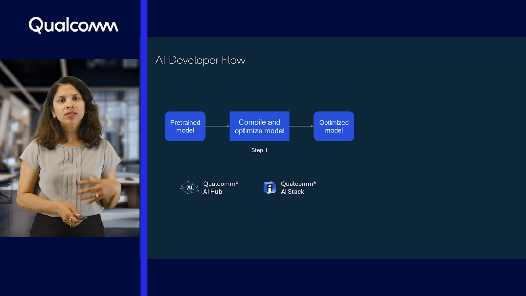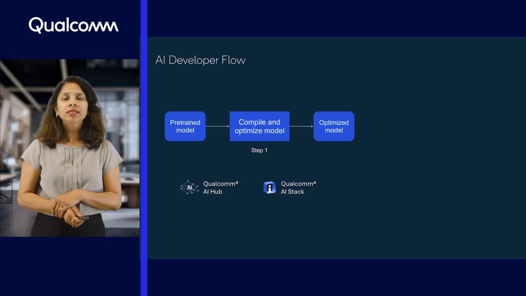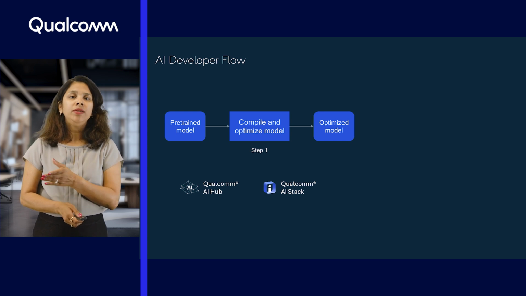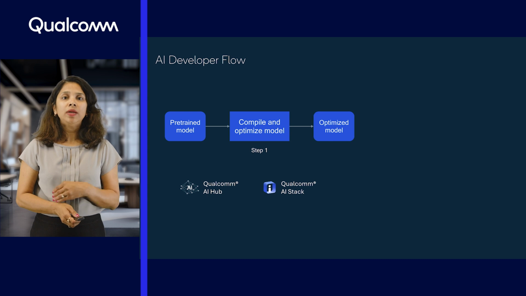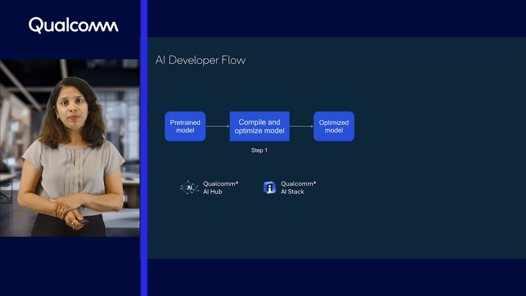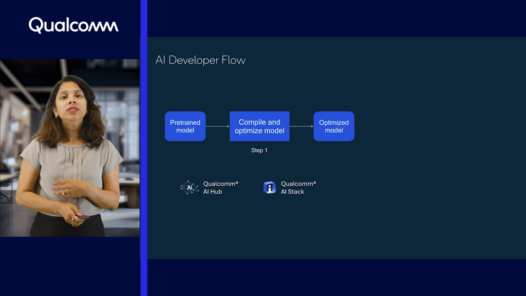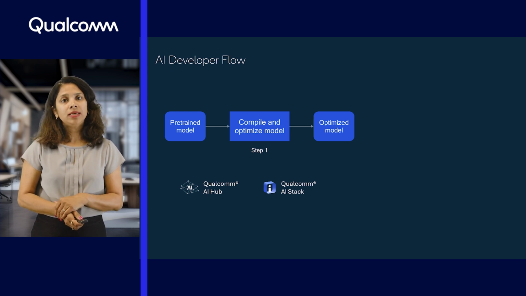In either case, once you're happy with the model, you can select the specific device of your choice. You select a device, you pick the model, and then you just get into the test and validation phase. In this phase, you're actually running your model on the device, and then you can look at your KPIs in real time. Once you're satisfied with the KPIs that are in front of you, you have the optimized model ready with you.